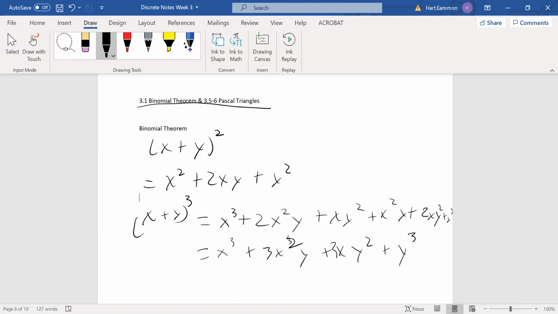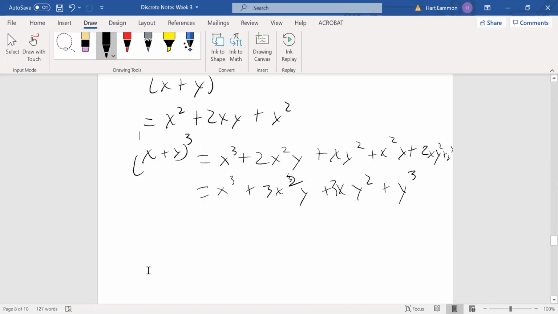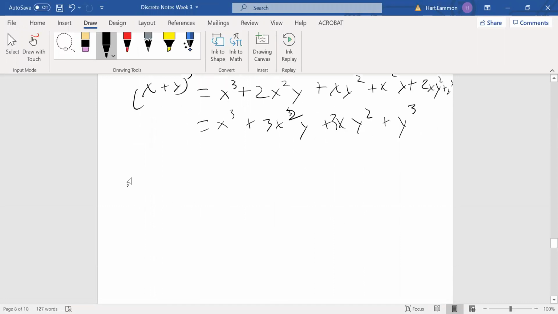And now the last one that I'll write out here will be x plus y to the fourth.